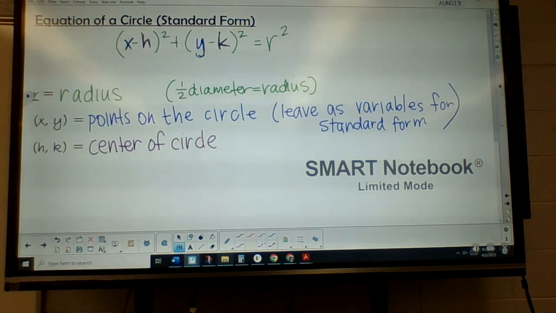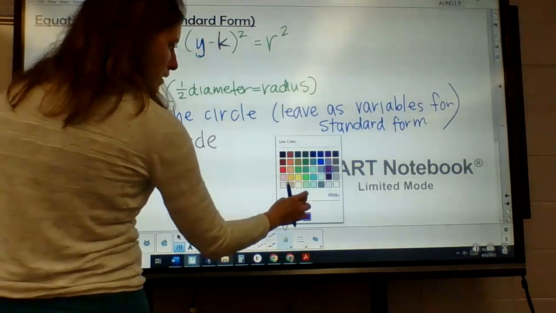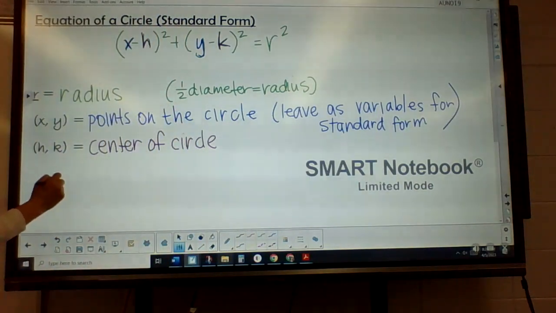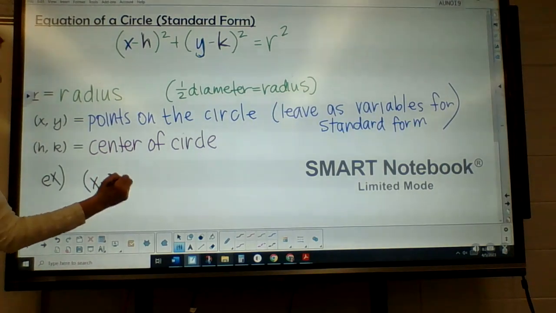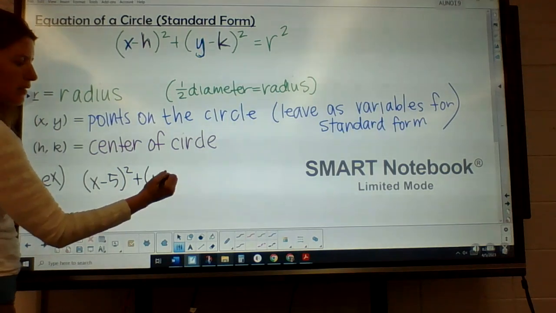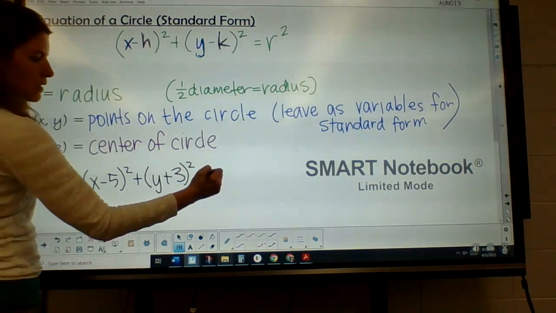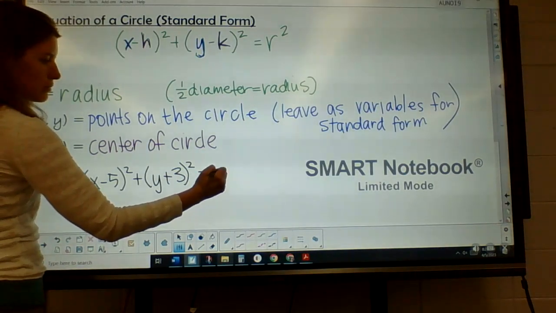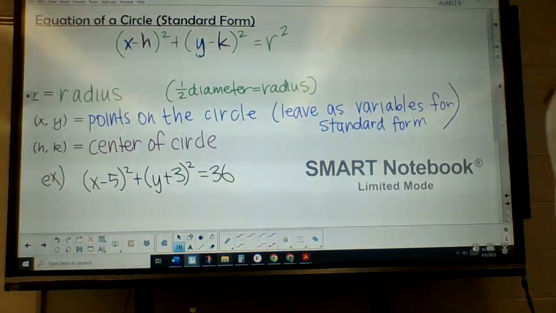So let me show you guys a quick example of what I mean. If we do x minus 5 squared plus y plus 3 squared equals 36 over here, let's identify the center and the radius.